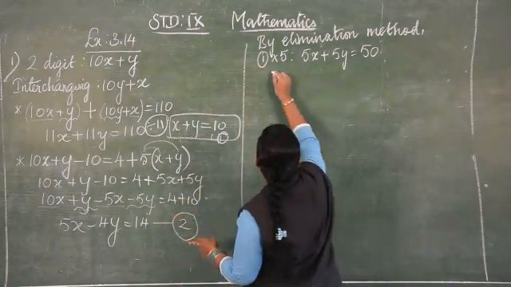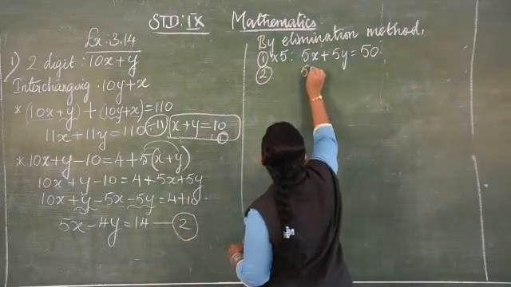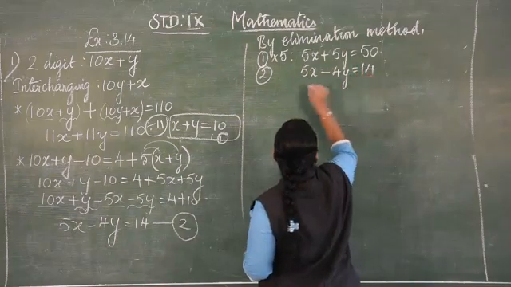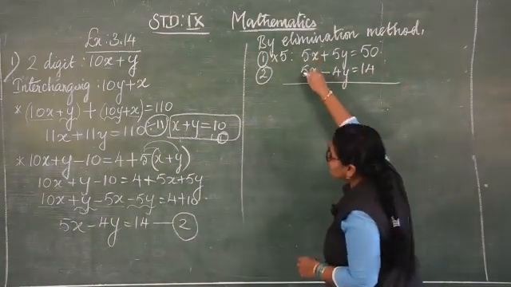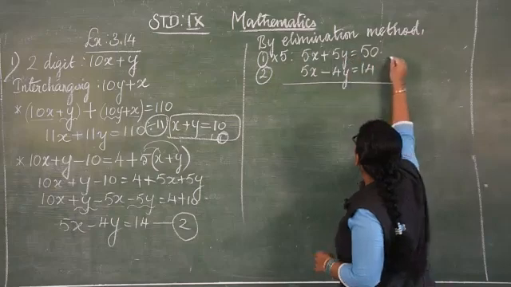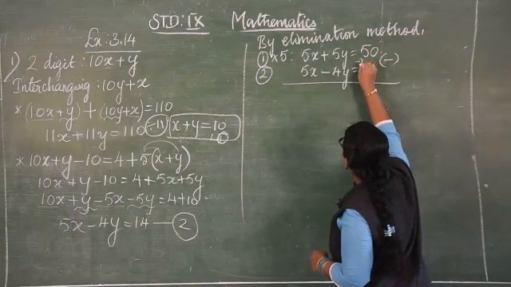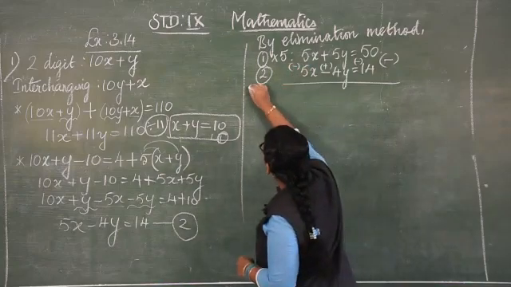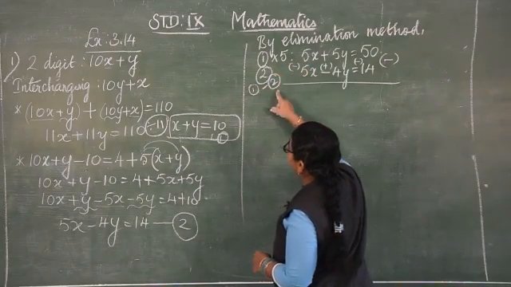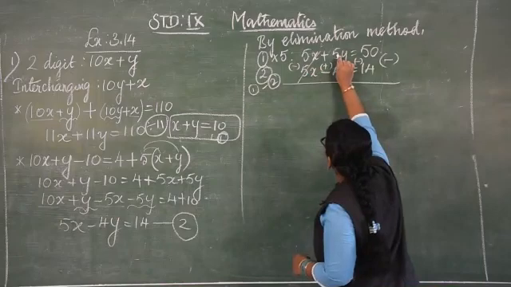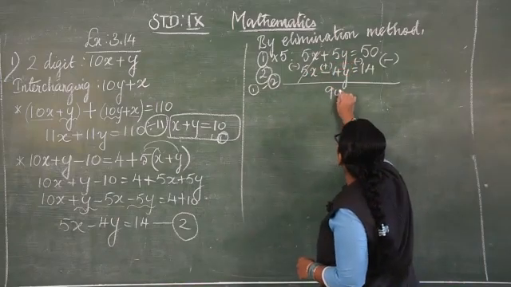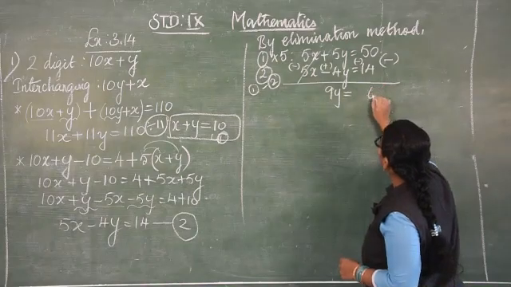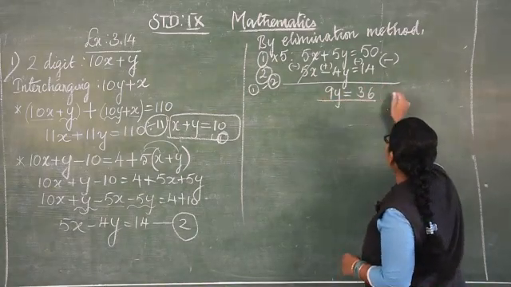Now the second equation is 5x minus 4y is equal to 14. So both the coefficients are the same, and we subtract by changing the signs. Now cancel. 5 plus 4, 9y is equal to 50 minus 14, you will be getting 36.